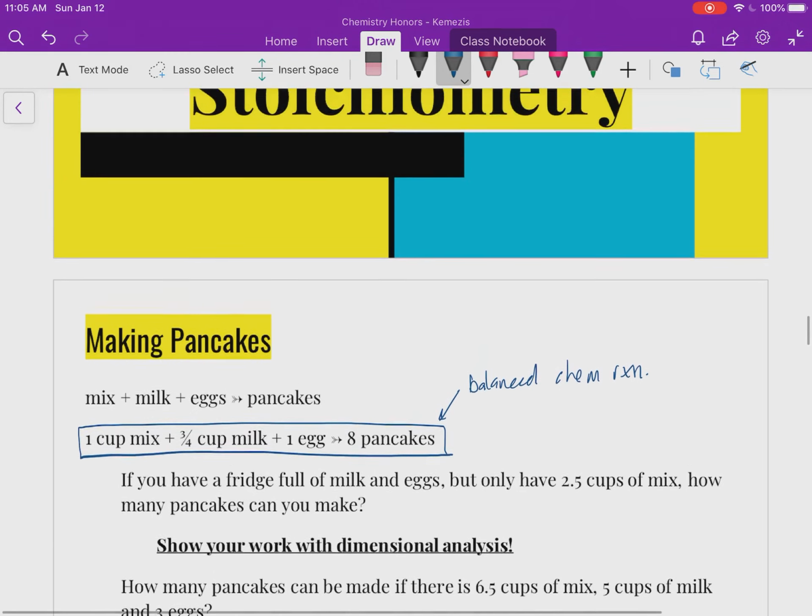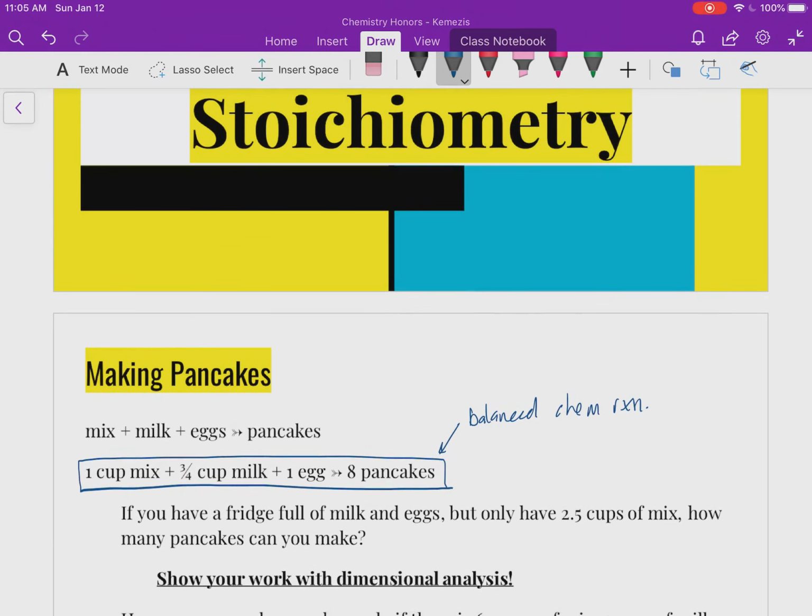And if we look at the question we have here, it says if we have a fridge full of milk and eggs, right? So we have essentially an unlimited amount of milk and eggs, but we look and we only have 2.5 cups of mix. The question that we have is how many pancakes can we make? And notice it says show your work with dimensional analysis.